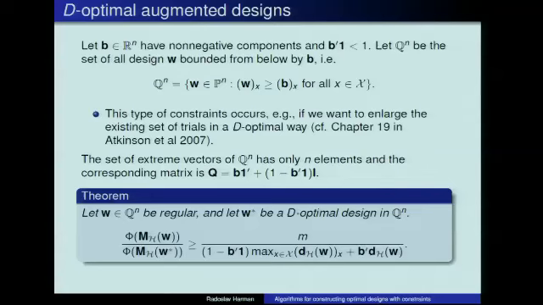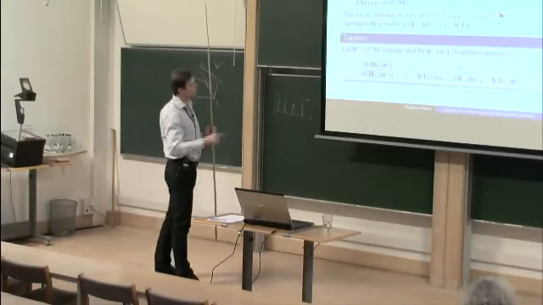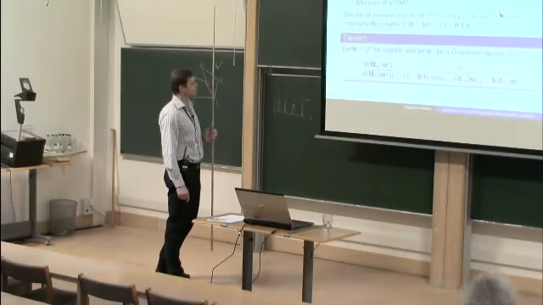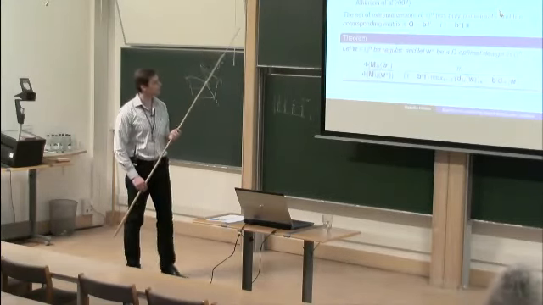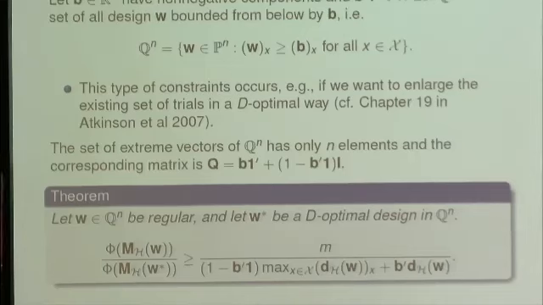In fact, the matrix of all the extreme vectors, extreme probability measures, extreme designs, can be written in this very simple form. This bold one is just the vector of all ones. And since it's so simple, I will skip this theorem because it states just the lower bound on efficiency in this case.